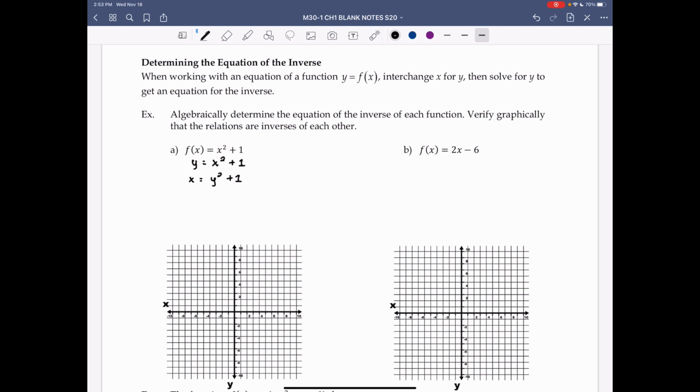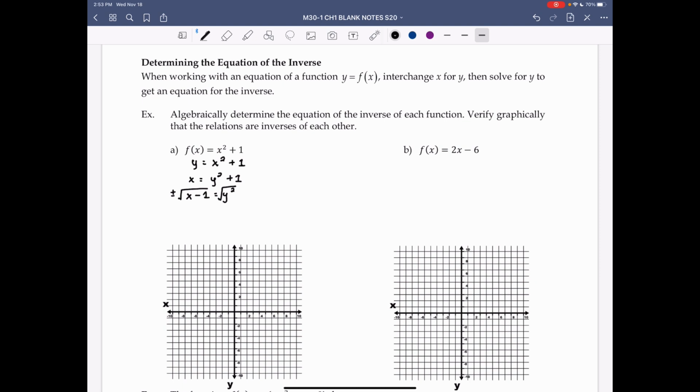Then we need to isolate the y, so we subtract 1 to get x minus 1 equals y squared. Then we need to square root both sides, but we don't know if y started as a positive or a negative, so we have to do plus minus.